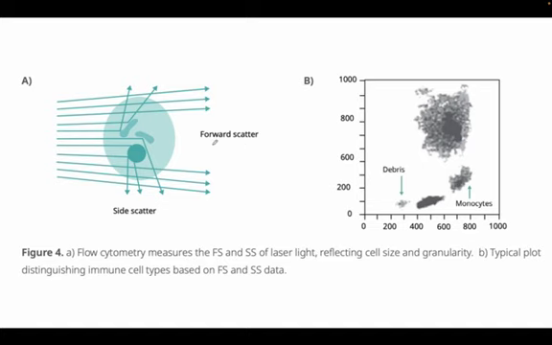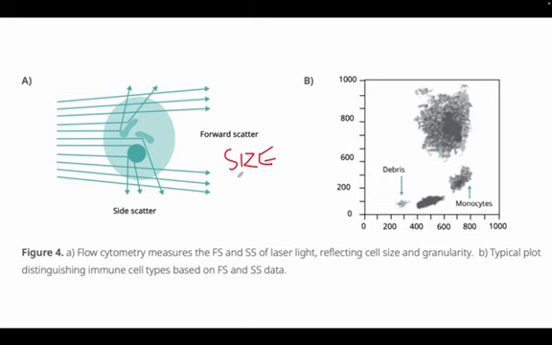Now, scattering will tell us two things, okay, because we're measuring two different kinds of scattering. One is called forward scatter, okay, which is basically telling us the amount of light which is coming around the cell, and this is going to tell us the size of the cell.